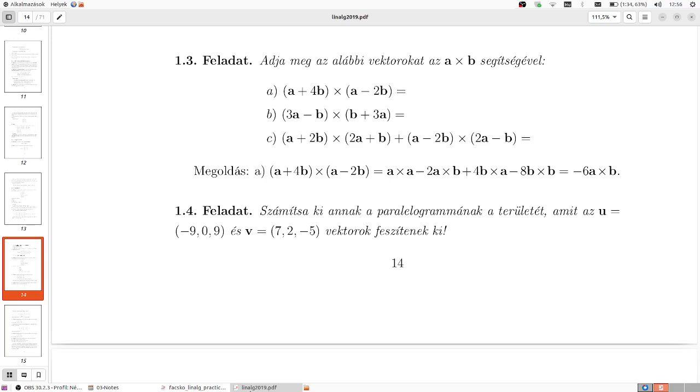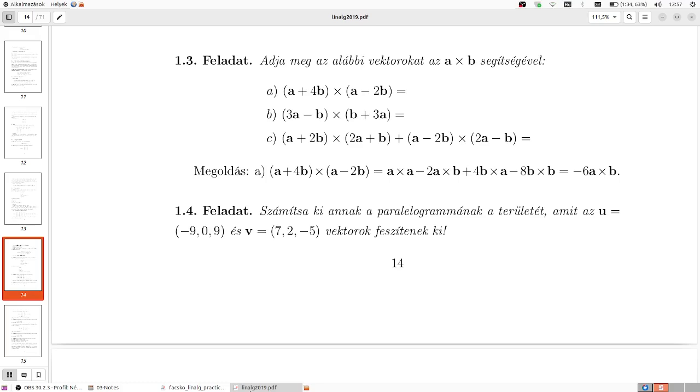You write A cross A plus 4B cross A minus 2A cross B minus 8B cross B.